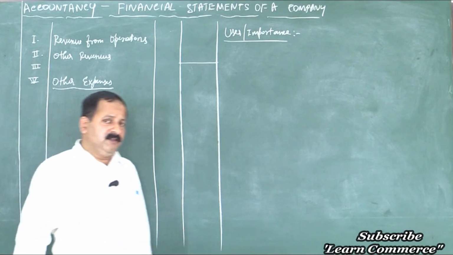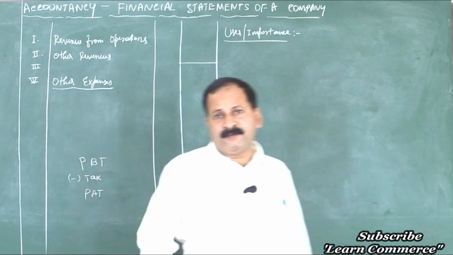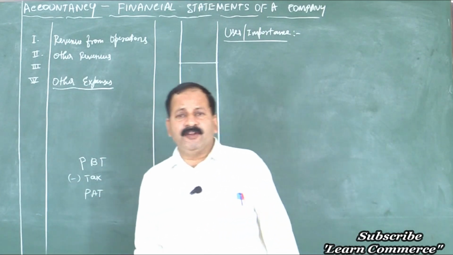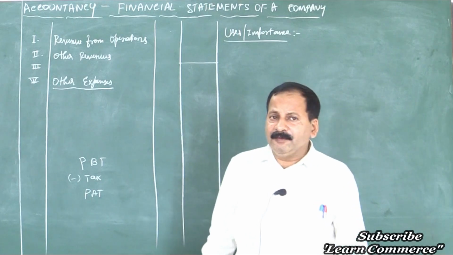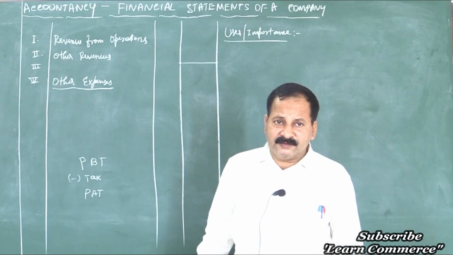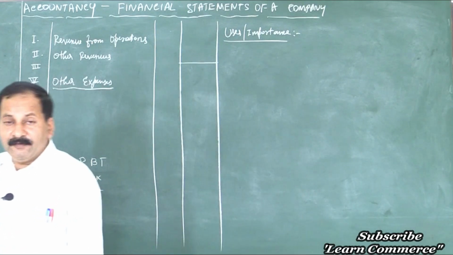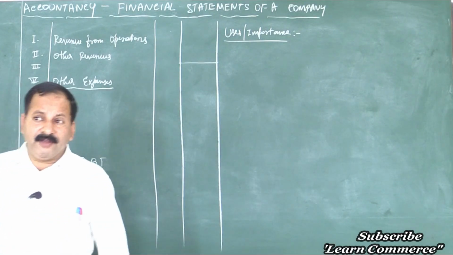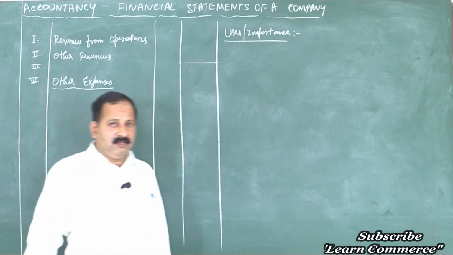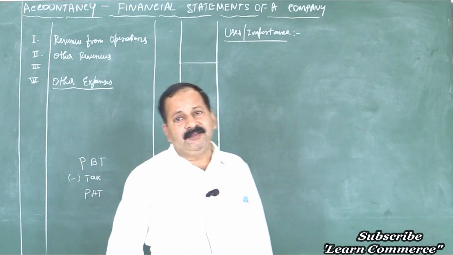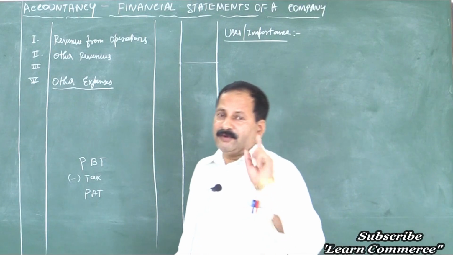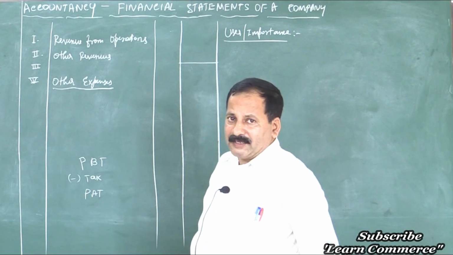Who are the owners in case of a joint stock company? Equity shareholders are the owners of the company. Preference shareholders are not the owners because they do not enjoy voting rights or any preferential rights in that sense. Only equity shareholders, ordinary shareholders, are the owners of the company.